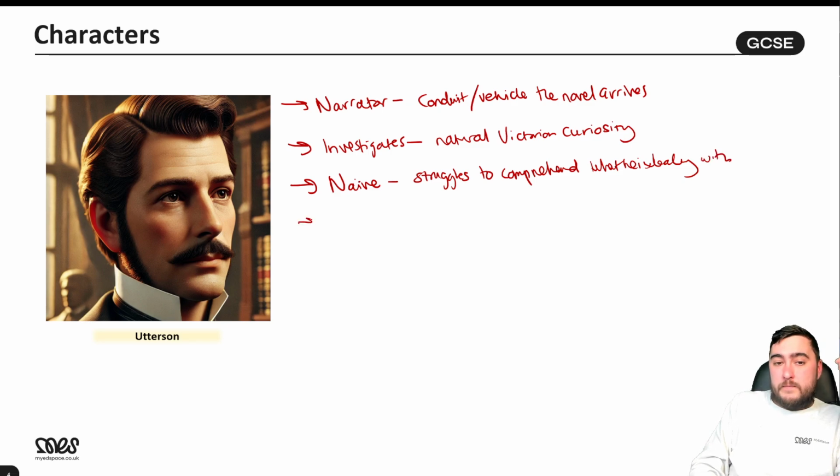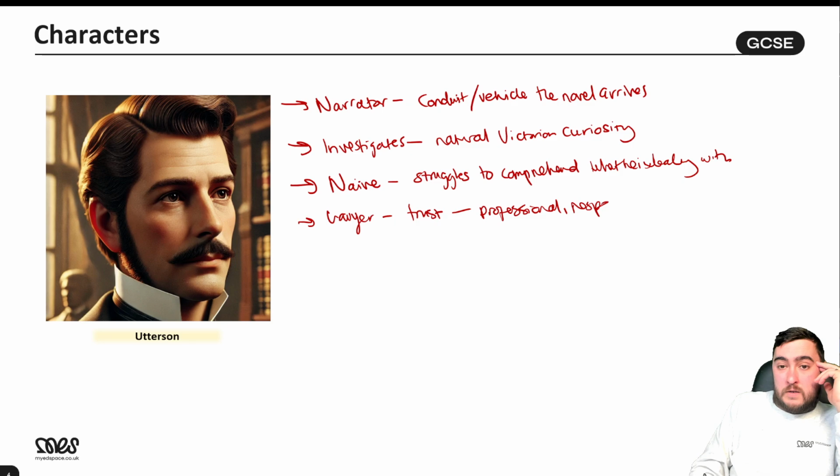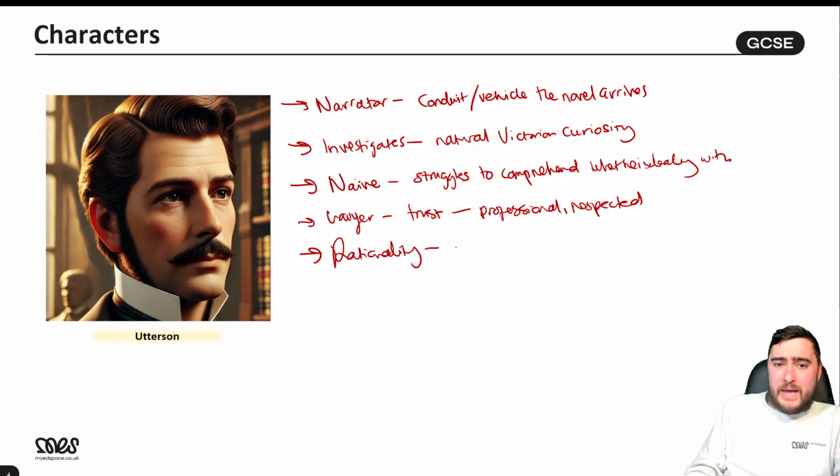Because he's a lawyer, we're meant to trust him because he's a professional, he's well respected, etc. Obviously, he's the person that Paul comes to, to break into the laboratory. Rationality, evidence-based discovery. That's really what Utterson represents.